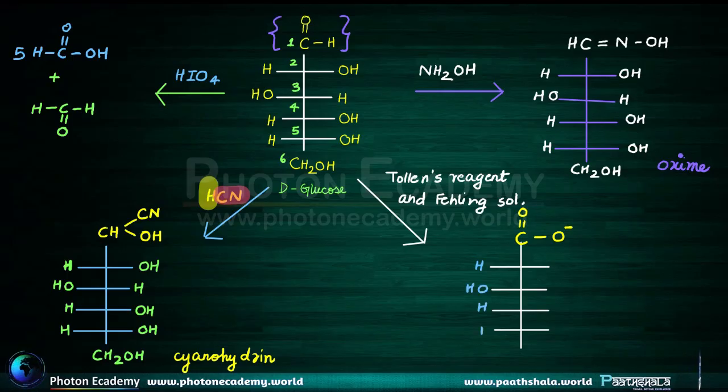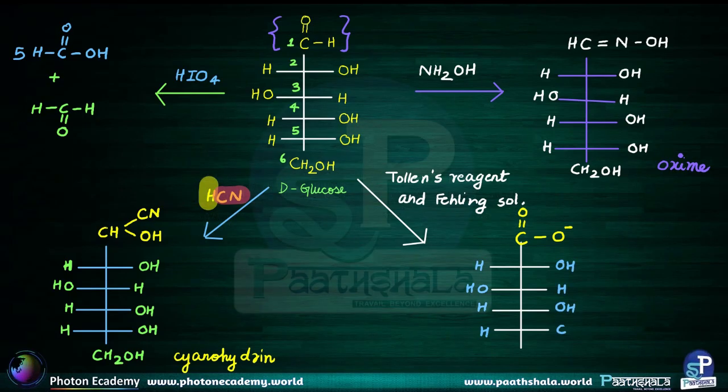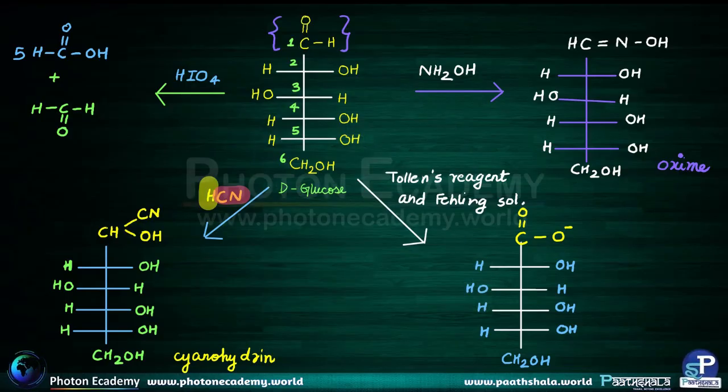So what we observed here is that because of the Tollens reagent, D-glucose gives a positive test, and we get an oxidized product. So oxidation is occurring because of the Tollens reagent and Fehling solution. And we know that any carbohydrate which gives a positive Tollens reagent test and Fehling solution test is categorized as a reducing sugar.